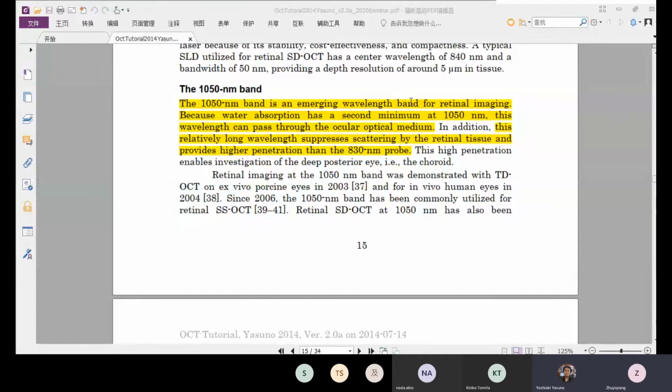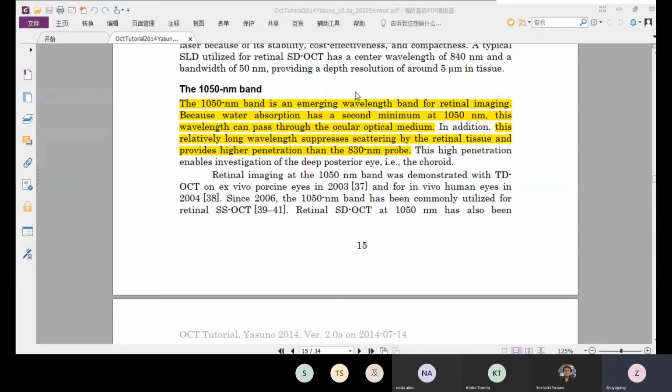In the 1050 nanometer band section, we can see that since water absorption has a second minimum at 1050 nanometer, this wavelength can pass through the ocular optical media, and compared with the wavelength of 830 nanometer, it has relatively less scattering and a higher penetration.